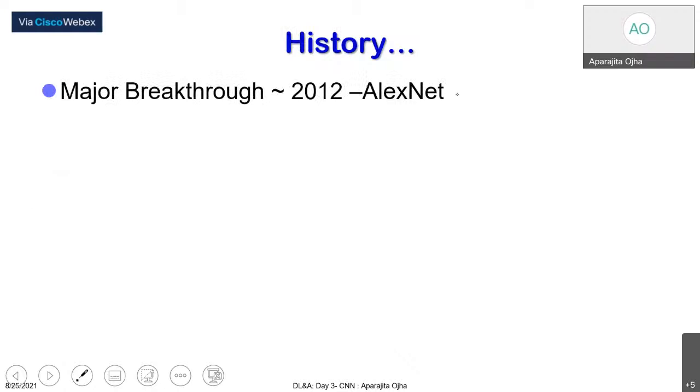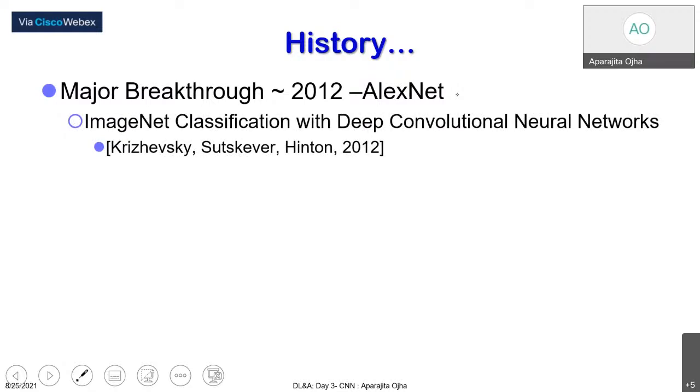The next major breakthrough was in 2012 when AlexNet was introduced by Krizhevsky, Sutskever, and Hinton. Hinton, as I told you, is another legend working in this area, and he has produced many legends.